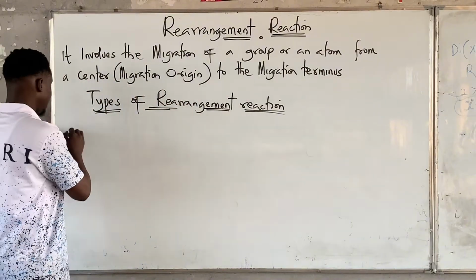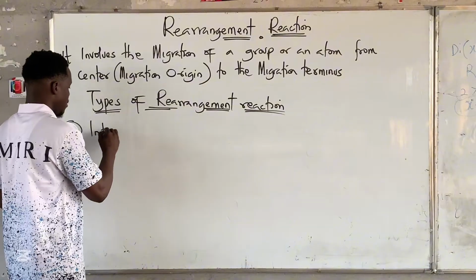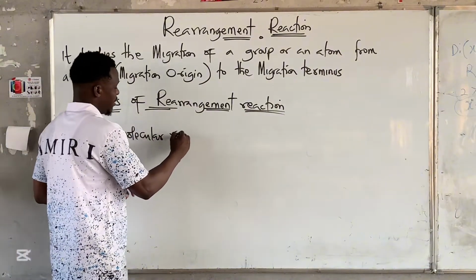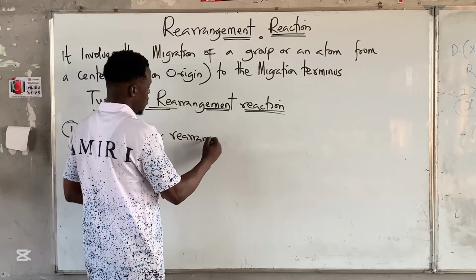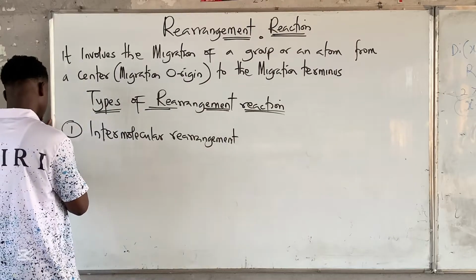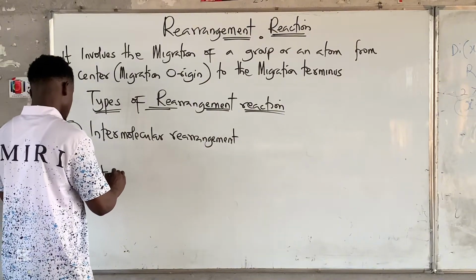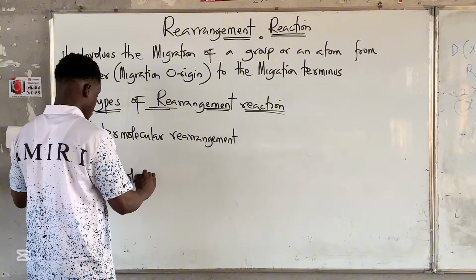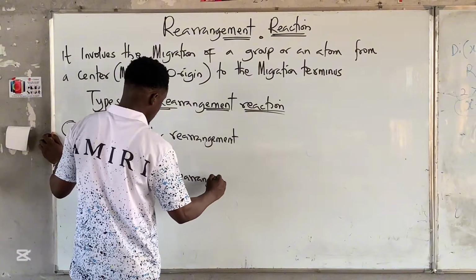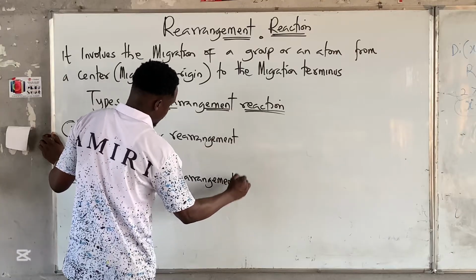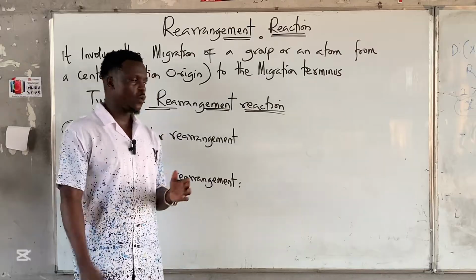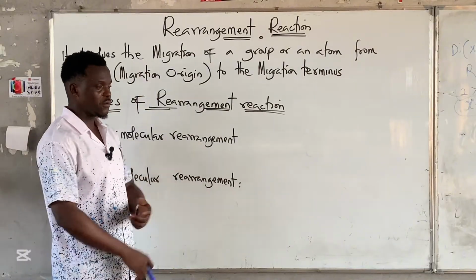Okay, we have the first one, what we call the intermolecular rearrangement, and we have the second one, the intramolecular rearrangement. Now basically, what does it mean for something to be intermolecular?